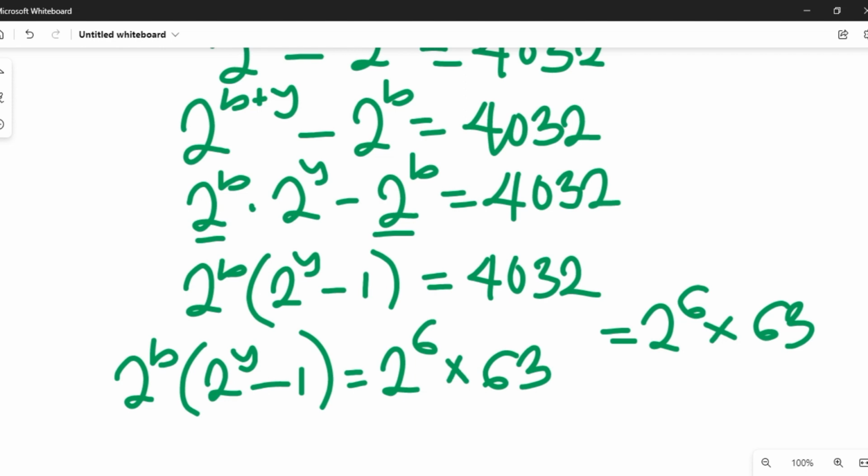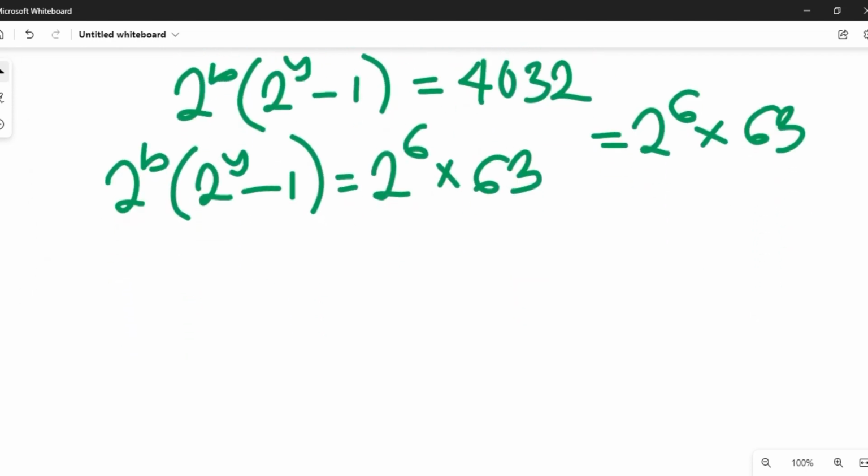Now let's do something. In these very values, we can now see that we have this value to be even, while this value is odd. So what we need to do is to equate the common similar values.